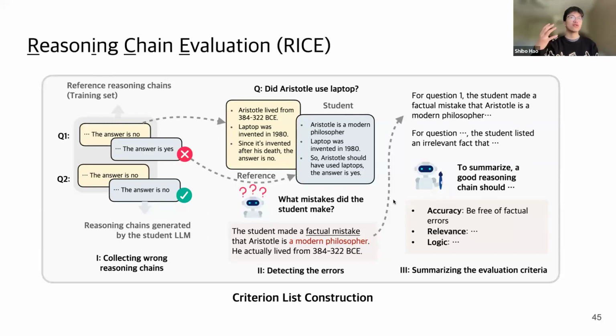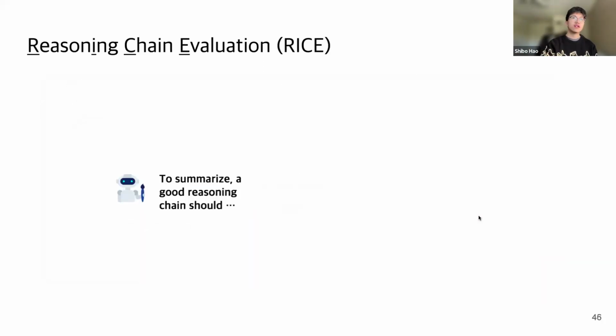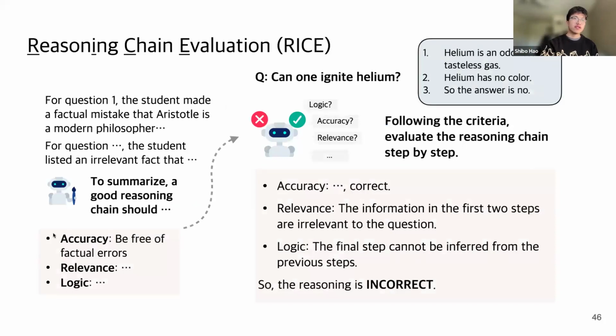And if we have collected many of these types of errors, we can ask the language model to summarize the criteria list. So that's how we get this evaluation criteria automatically. Basically, the collected criteria will be used in the prompt of GPT-4 to evaluate any new reasoning chains.